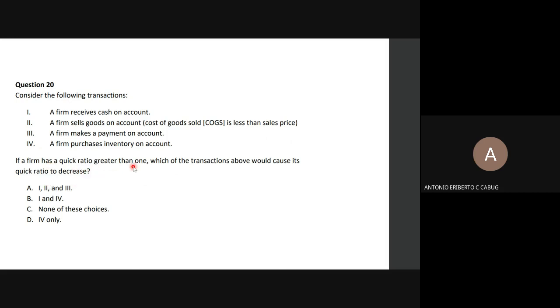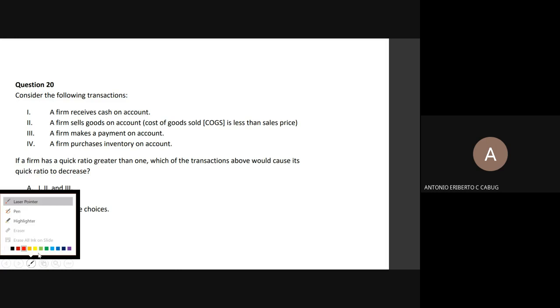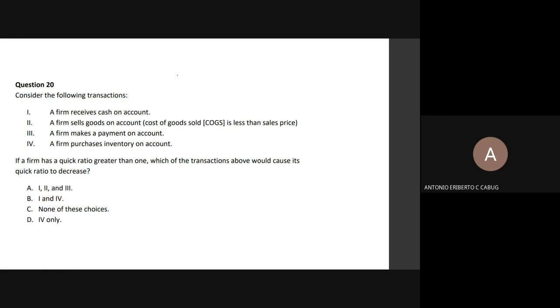If a firm has a quick ratio greater than 1, okay, greater than 1. Example ng ratio na greater than 1. Magbibigay ako ng random example ha. 3/2. No? Assuming that the quick ratio is greater than 1, which of the following transactions would cause its quick ratio to decrease? Okay? Ito yung quick ratio ha.